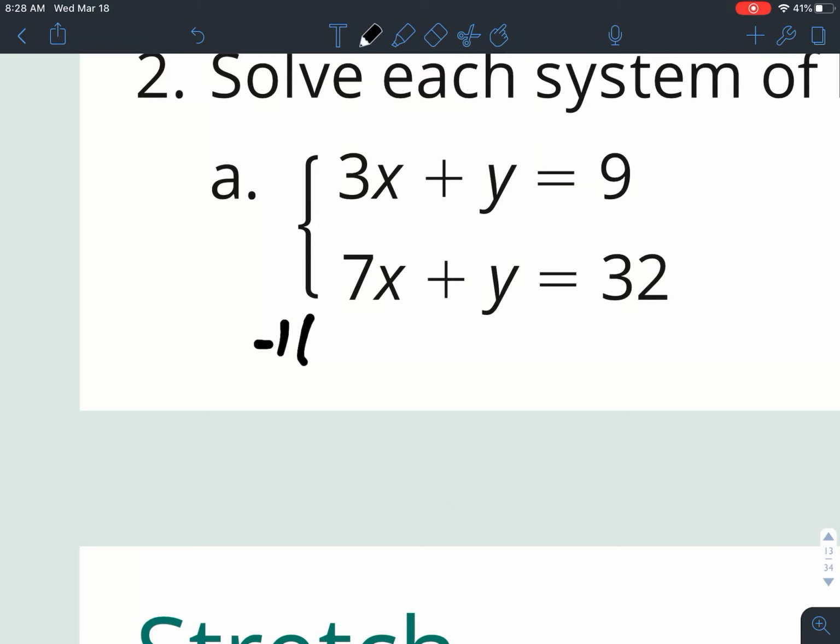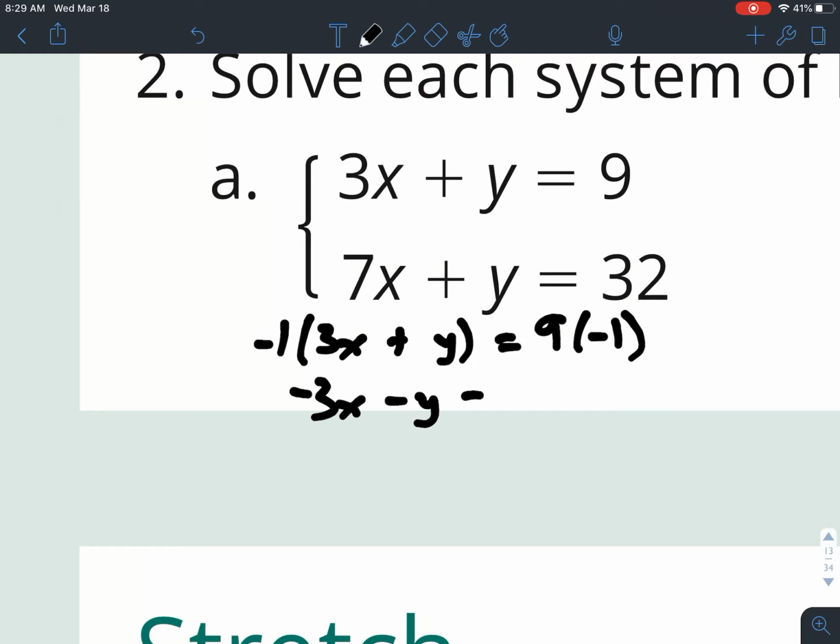So -1 times 3x plus y is equal to 9 times -1, which gives us -3x minus y equals -9. And we just drop the other problem down like this. We have our two problems.